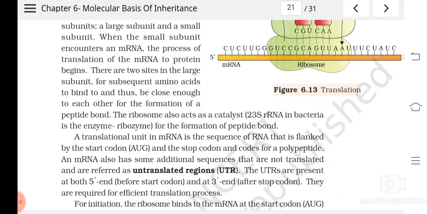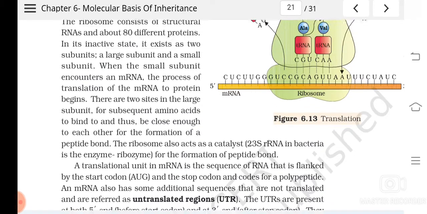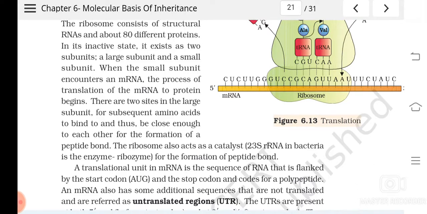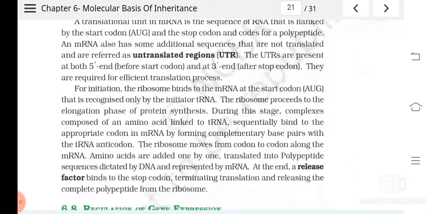The ribosome will move through the mRNA from one codon to another codon, and then there will be bond formation between the growing polypeptide chain and the newly arrived amino acid.